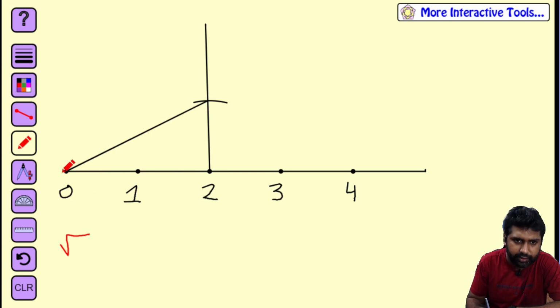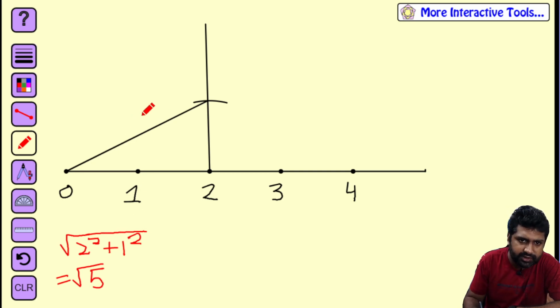So the hypotenuse will be 2 square, writing this is very typical, bear with the writing on this because this is not really optimized for writing, plus 1 square. If you apply this in Pythagoras, you'll get root 5, and this is your justification also if you want to give this in the paper, that how is this root 5, by applying your Pythagoras on this. So this measurement is root 5.